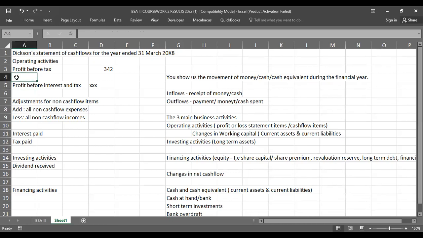So I'm saying here, we add back the interest, or in this case, we call it finance cost. Why we're adding them back is because we want to get profit before interest and tax. Otherwise, this figure here, the 342, already had interest deducted from it. I can just show you.